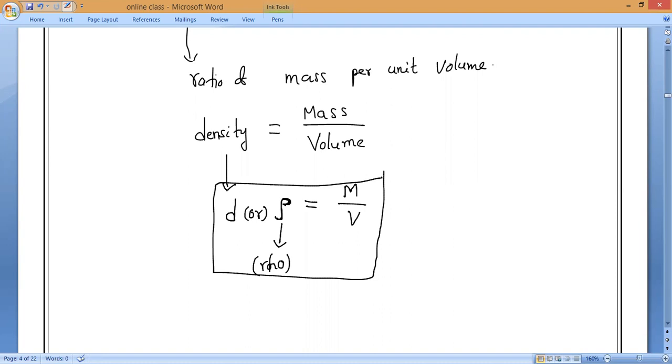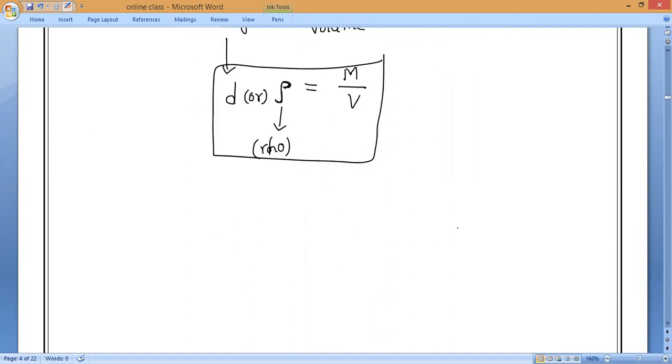Now, density means mass by volume, a ratio of mass per unit volume. You all know what the units of mass are? Units mean how we measure something.